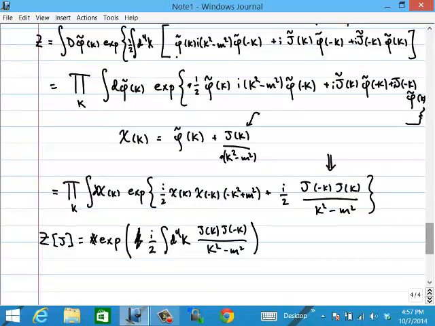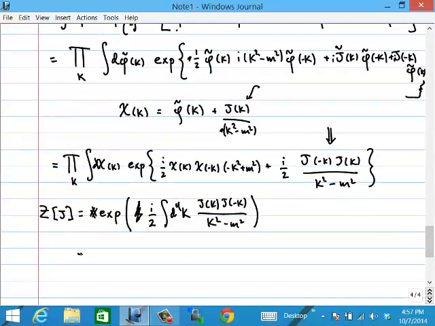Or if we want to write this in position space, this is the exponential, just using the fact that j of k is the integral d4x of e to the i kx, j of x, I guess with a minus sign there.